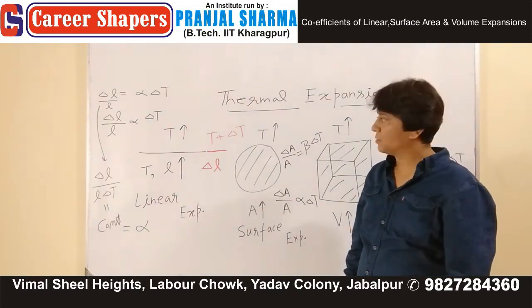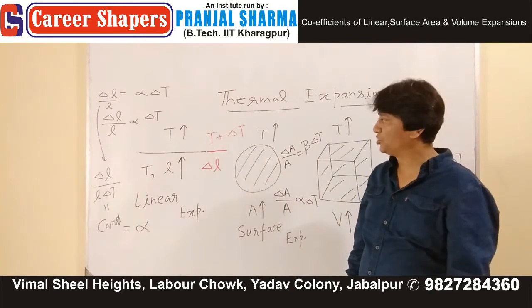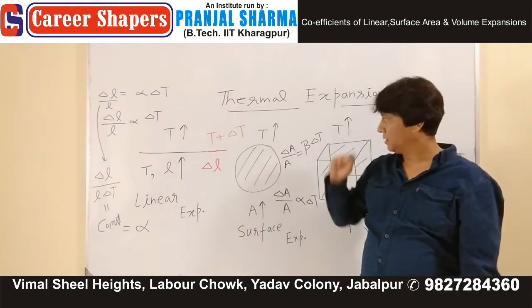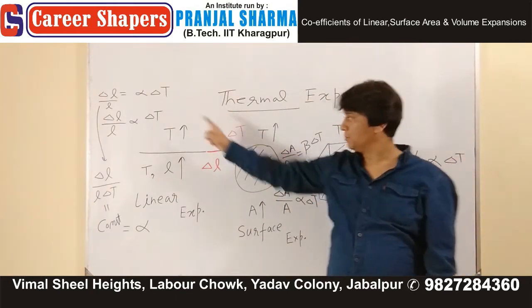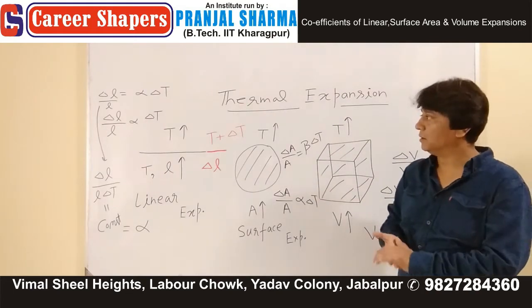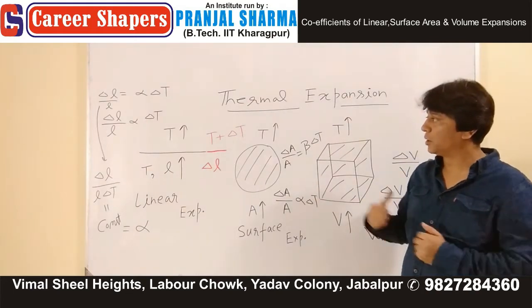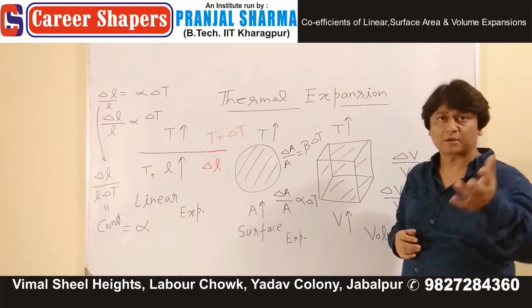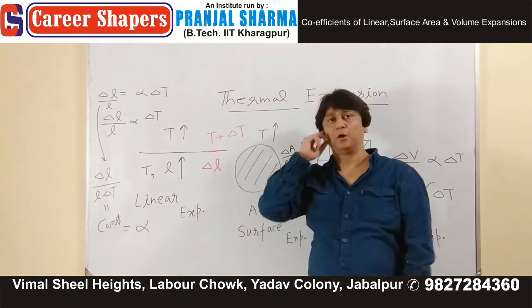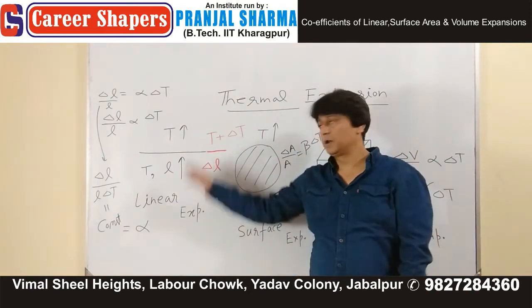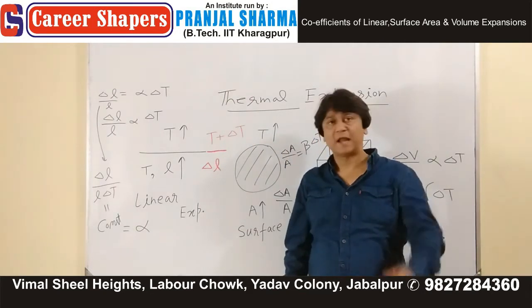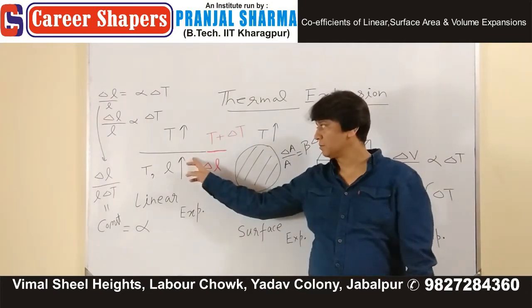Now, we can always find a relationship between alpha, beta, and gamma. How do we do that? Just imagine, I'm giving you a hint and I hope you can figure out yourself a relationship between alpha and beta. This is a rod.